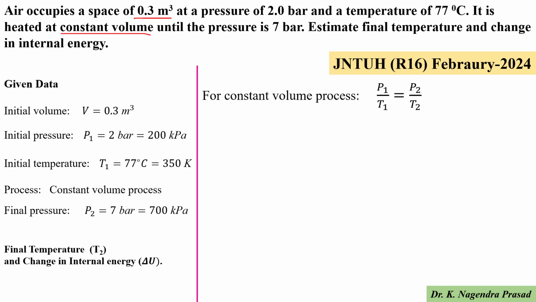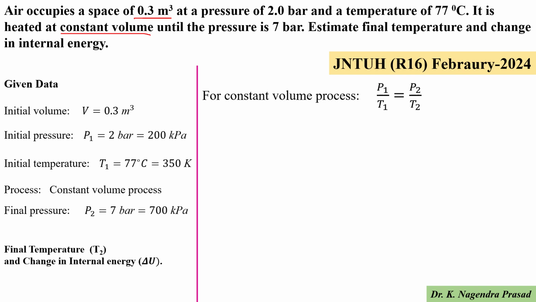So in the constant volume process, we know PV equal to mRT, and V, m and R are constant. Then P is directly proportional to T. Then P1 by T1 equal to P2 by T2. So how to determine the final temperature?